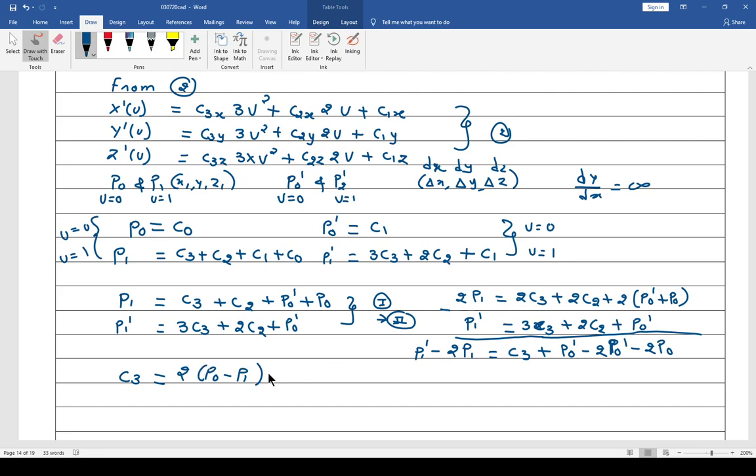Then for p0 dash and p1 dash, p1 dash is already there and p0 dash becomes minus 1, so on this side it becomes plus. So I will get p0 dash plus p1 dash. This is what I get for c3.